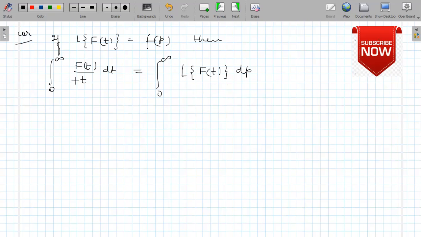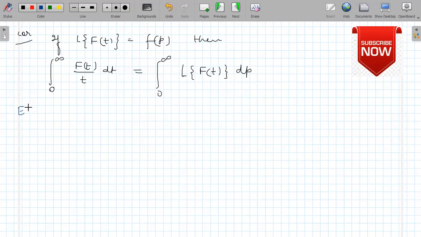Means if this function is difficult to integrate, you can integrate the Laplace of only f(t), which may be simpler to integrate. This value is equal to this value, provided the integral exists.